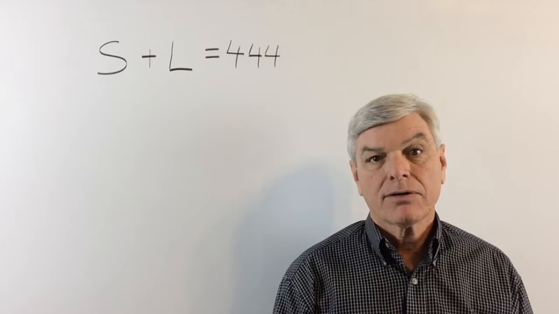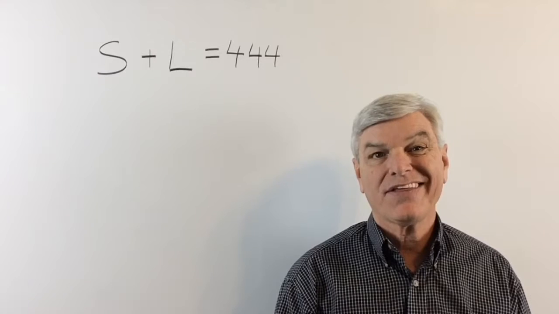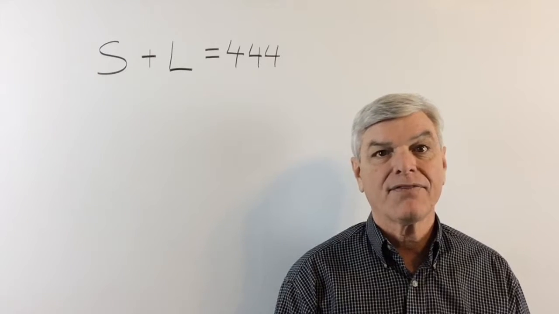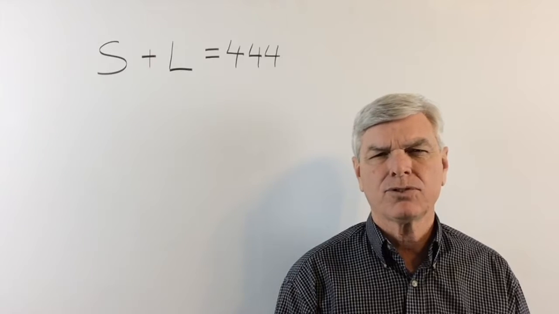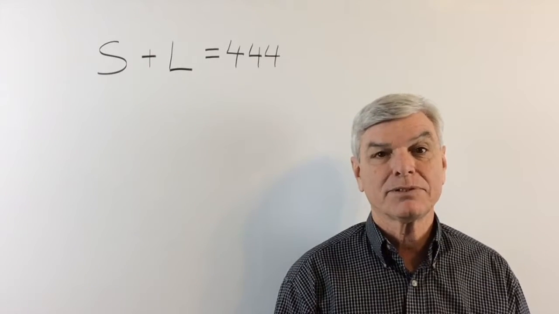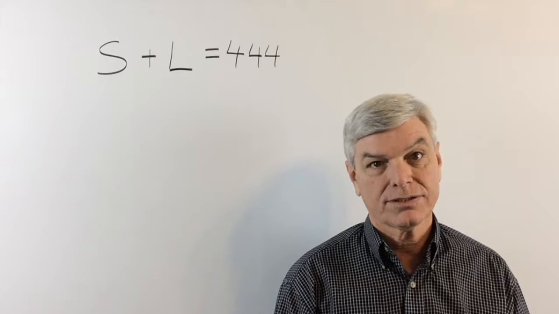I can remember that the S stands for sofa, and the L stands for love seat. I'm not going to get mixed up, and I'm not going to find out the answer for X and then try to remember what X stood for. It's going to be real simple. Sofa plus love seat equals $444.